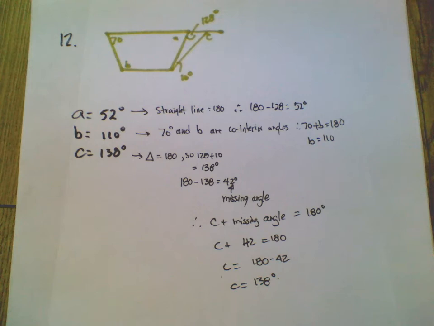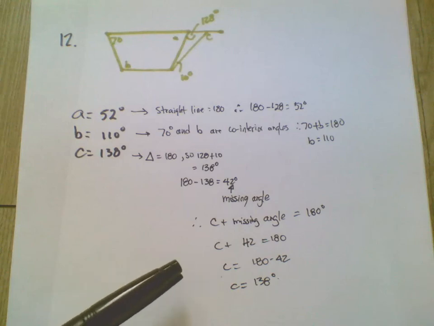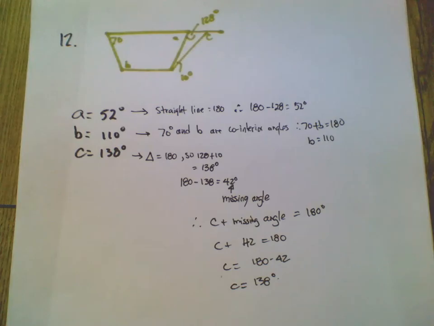Okay, so I have been given all this information. My missing interior angle there of the triangle is 42. So therefore, if you notice down here at the bottom, I set up a little algebraic equation. C plus the missing angle equals 180. I know my missing angle is 42. So I'm subtracting 42 from both sides, and I get C equals 138.